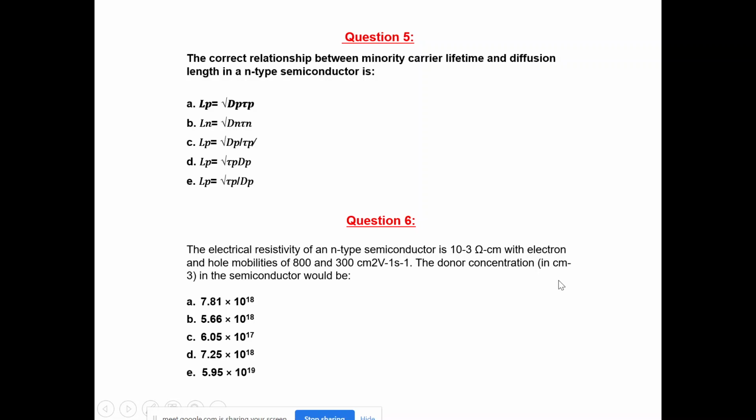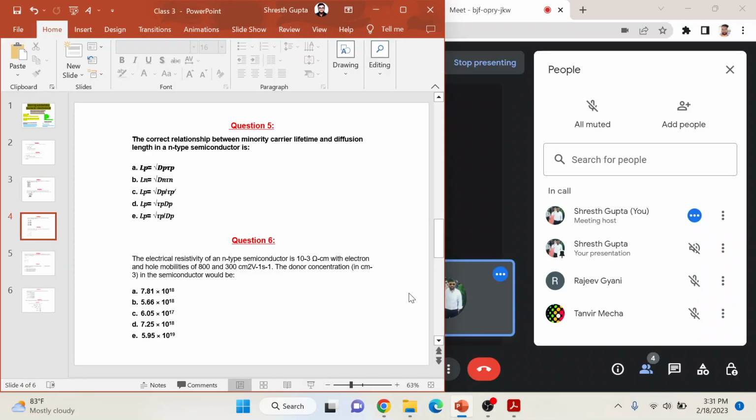The donor concentration per centimeter cube in the semiconductor would be. I'm repeating the question. They have given the electrical resistivity of an n-type semiconductor, and the mobilities of electron and hole both. But trust me, it is n-type, so they both will not be of use. It is a straightforward formula-based question, and you have 3 minutes to give me the answer.